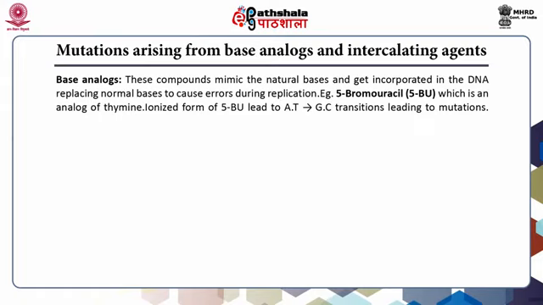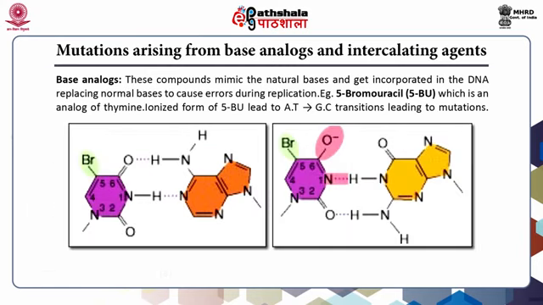Example could be 5-bromouracil, which you can see in this picture. The first is 5-bromouracil, and that can pair with adenine. So, that is a wrong base pairing, and this will prevent the replication. Another example you can see where the ionized form of 5-bromouracil is binding to the guanine. This again can prevent the replication.